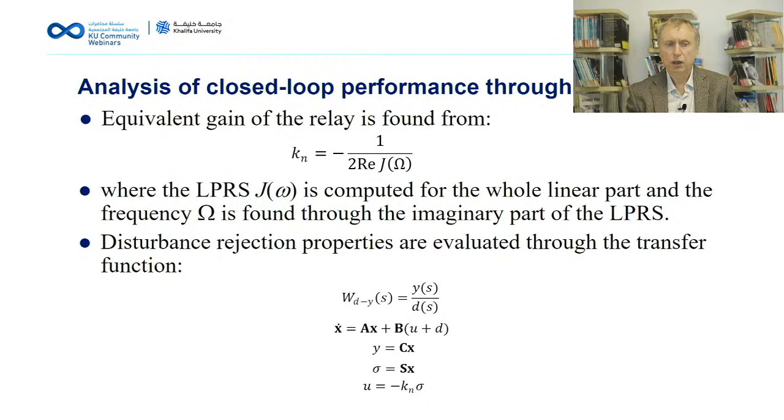And for the analysis of closed loop performance, the equivalent gain through which we analyze this closed loop performance is given by this formula, and it becomes infinity once we remove the additional dynamics. So if we don't remove the additional dynamics, Kn becomes a finite value, and we don't have an ideal disturbance rejection, which is shown by this model below.